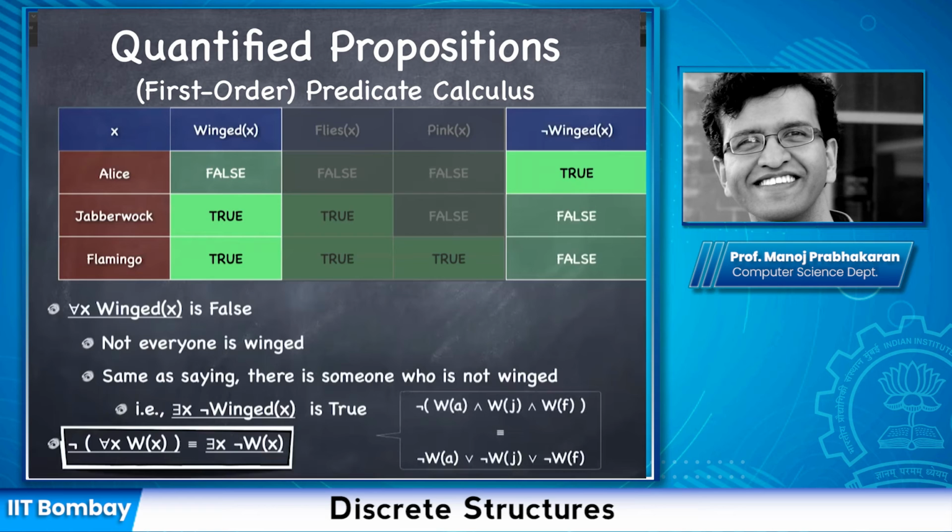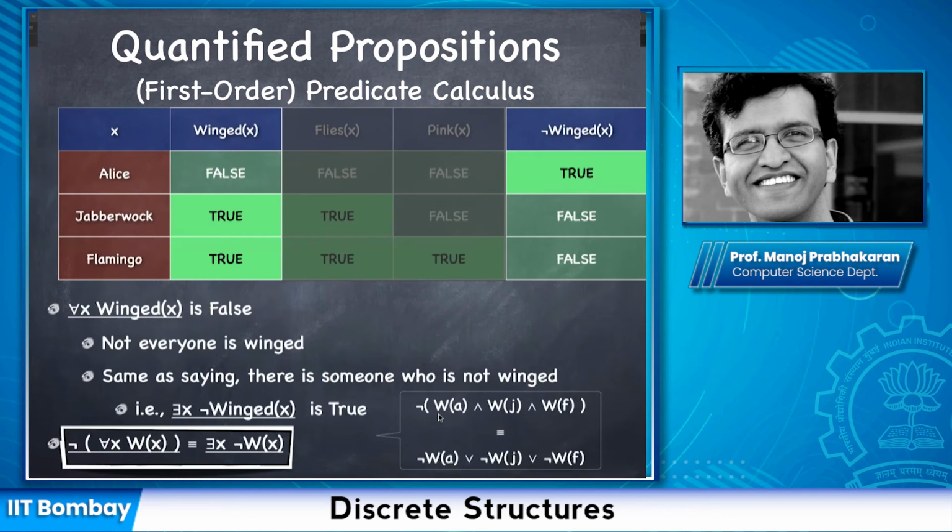If you go back to what we said about how you can think of for all x W(x) as just a conjunction of several statements like W(Alice) and W(Jabberwock) and W(Flamingo), the three elements in our domain, which I've written as A, J, F here. So for all x W(x), it doesn't matter what predicate W is, is the same as saying W(A) and W(J) and W(F). And for its negation, you can use De Morgan's law to expand it out.